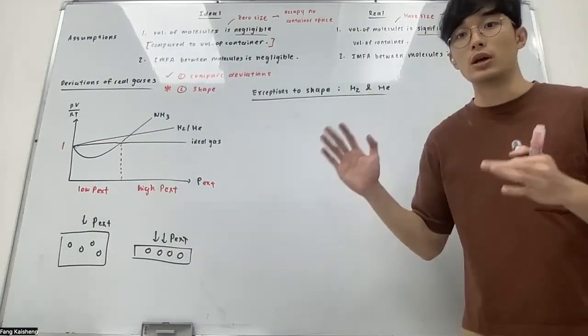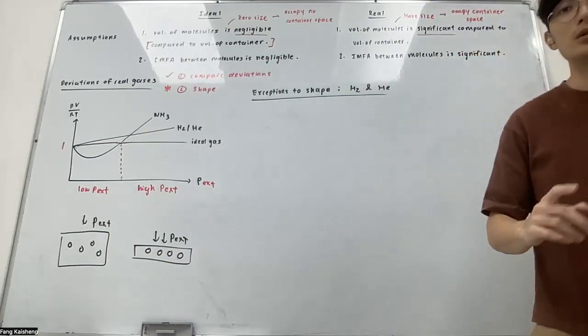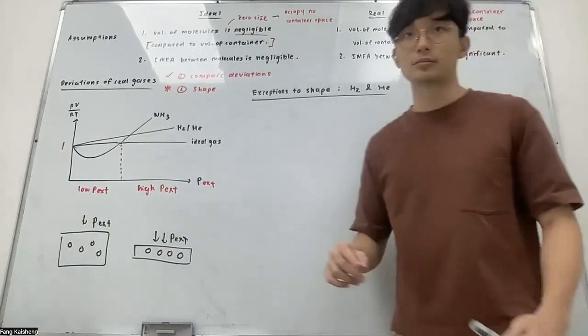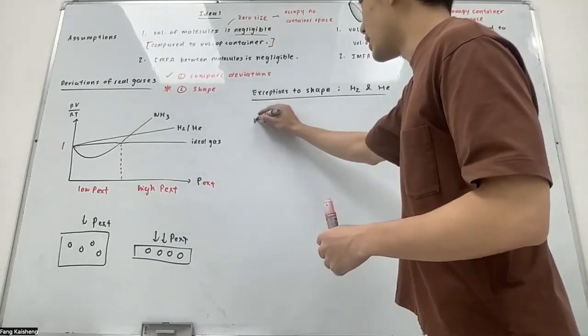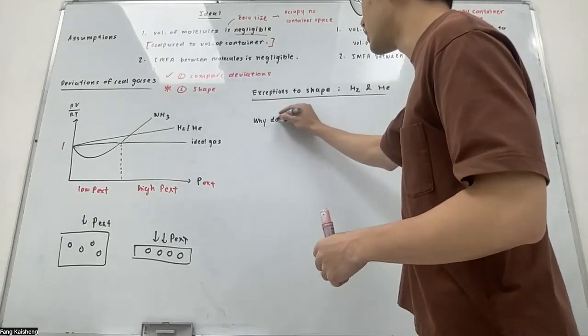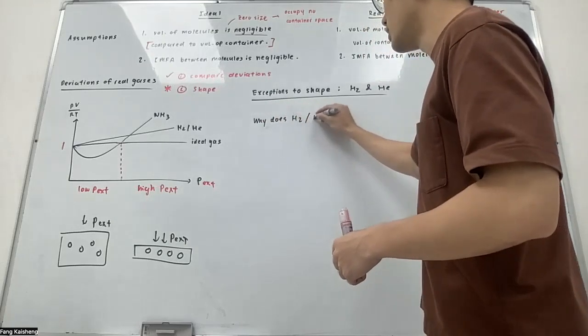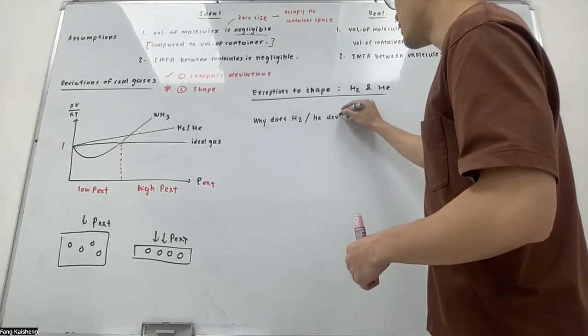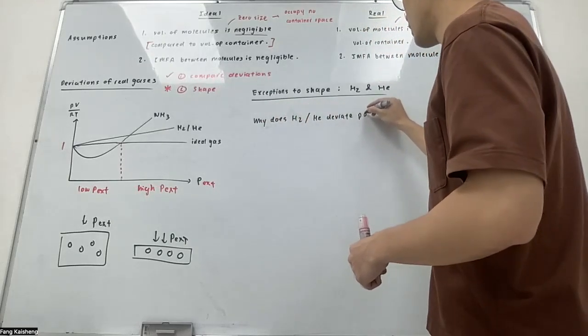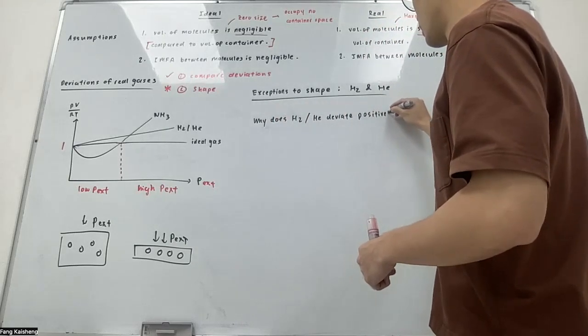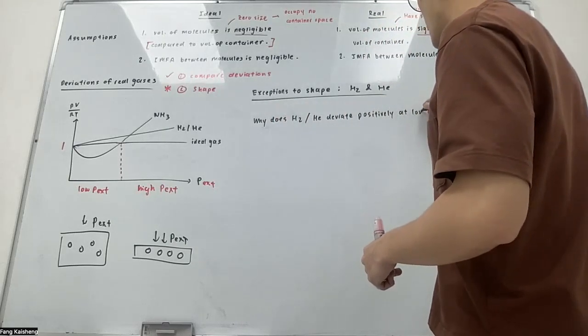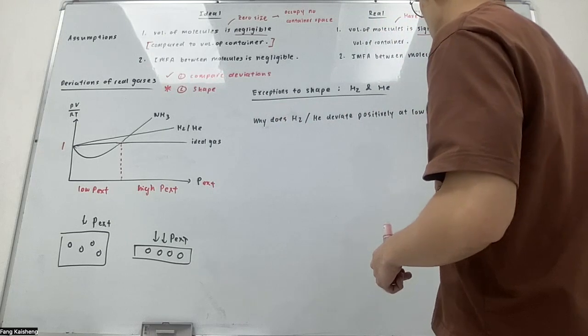You just look at what we're going to do in a bit. Now, our job here is to ask one question. Why does hydrogen or helium deviate positively at low external pressure?